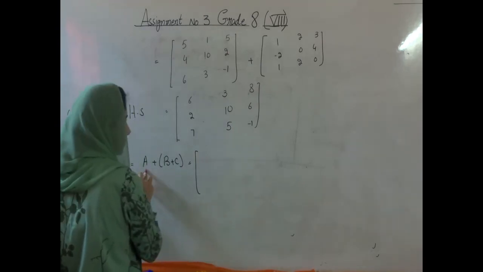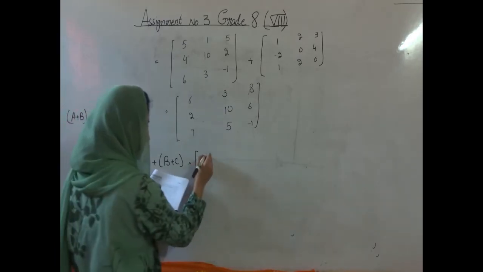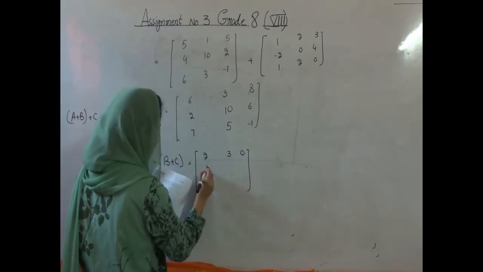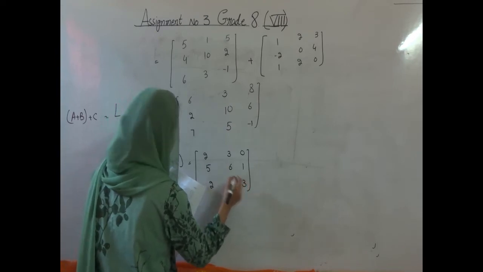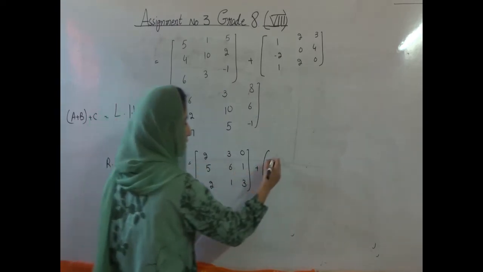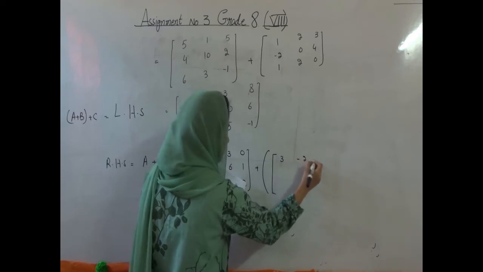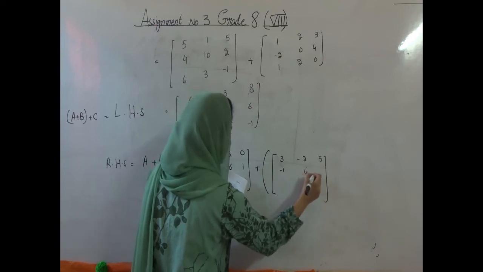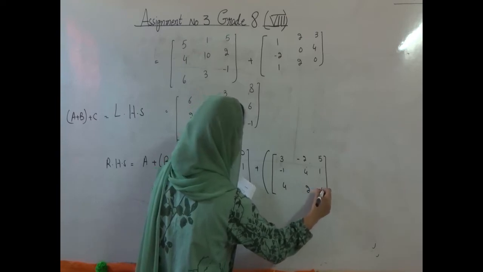So it means first we will write the matrix of A: 2, 3, 0, 5, 6, 1, 2, 1 and 3. And then plus sign, small bracket, then write down the matrix of B: 3, minus 2, 5, minus 1, 4, 1, 4, 2, minus 4.